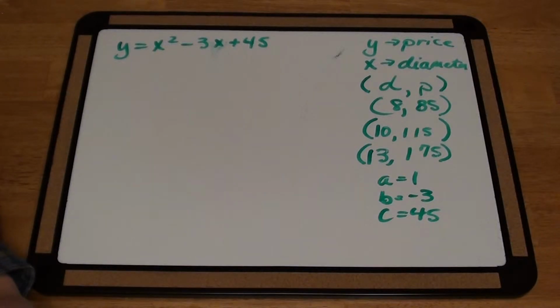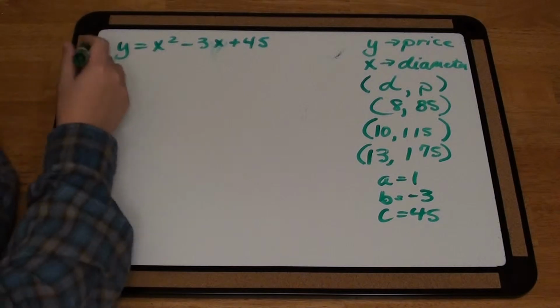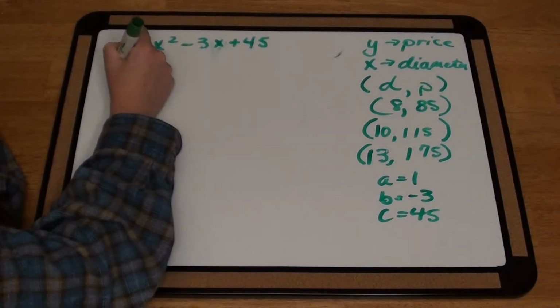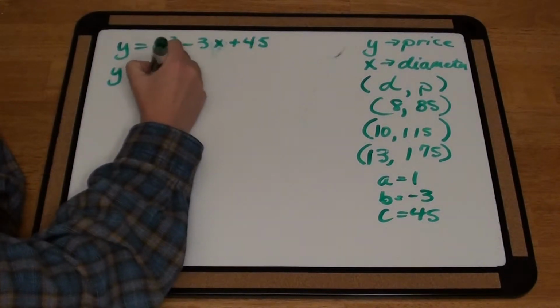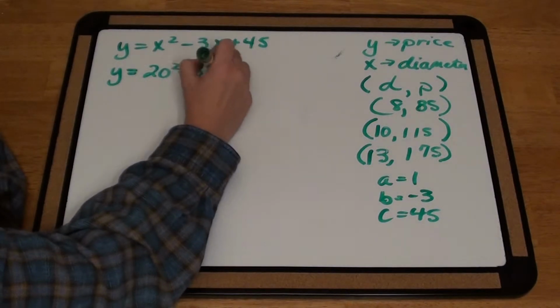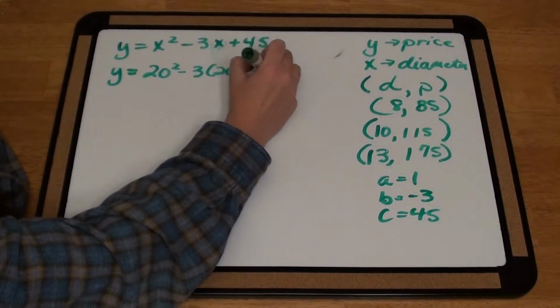Now, in letter B, if Pizza Inn made a 20-inch pizza, what do you predict the price would be? So they've given us a 20-inch pizza, which means a 20-inch diameter pizza. What would the price be? Well, I would say y equals 20 squared minus 3 times 20 plus 45.